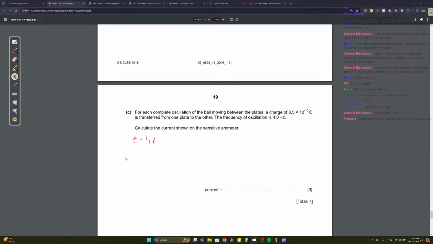Wait. We never took T equals 1 over f. Yeah, not that I can remember. When did we? Guys, we took time is equal to 1 over frequency.